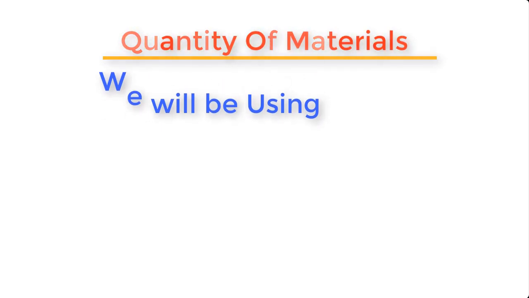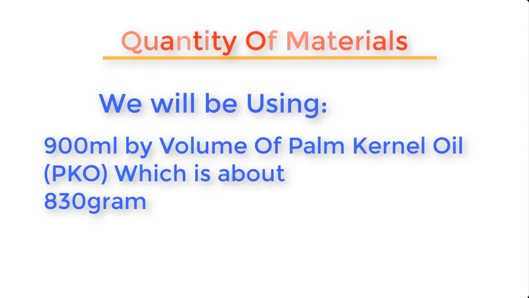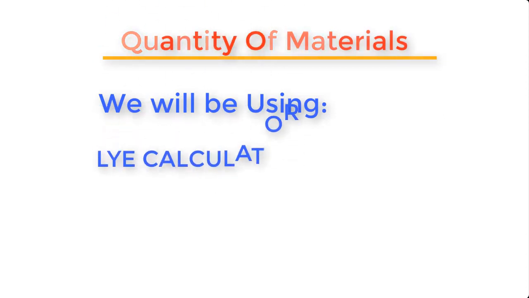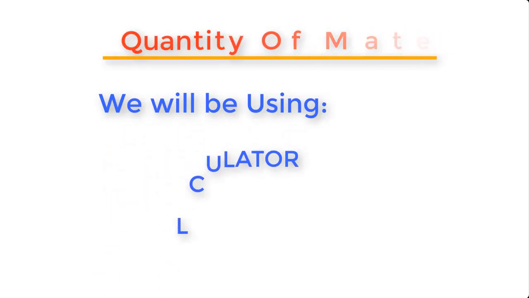In this preparation, we're going to be using 900 ml by volume of palm kernel oil, PKO, which is about 830 gram by weight. Now we're going to use the Lie calculator to determine the amount of caustic potash and the volume of water required to dissolve the caustic potash.